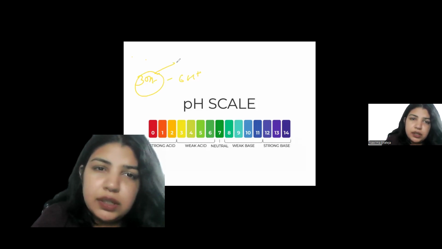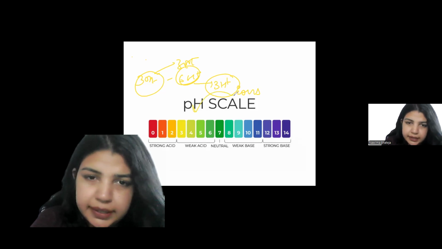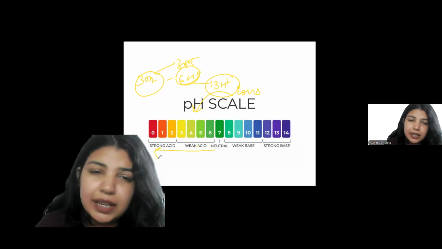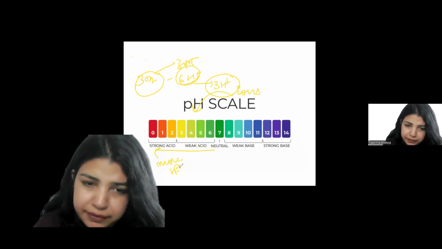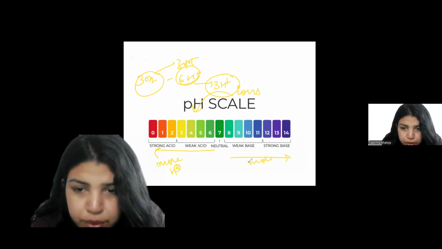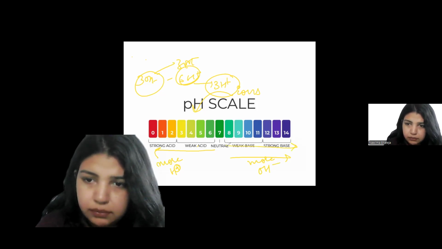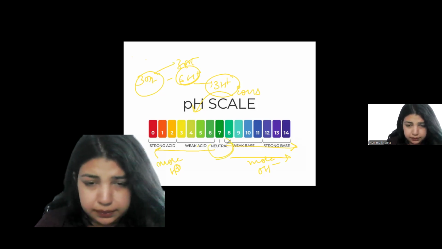So three OH will manage 3 H. But what about the left 3 H ions? This will decide that it will be of acidic nature. So whenever we have more hydrogens left, that means it is acidic, and when we have more OH left, it means it is basic in nature. And 7 is neutral.